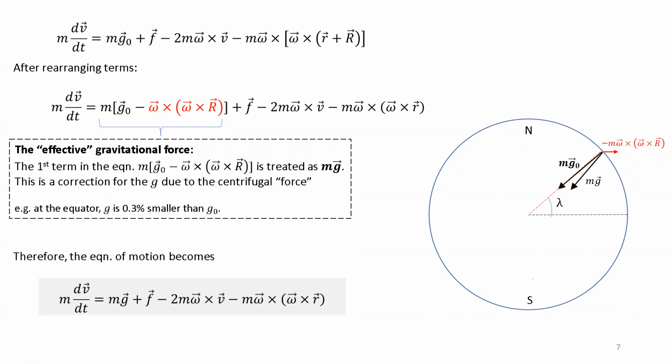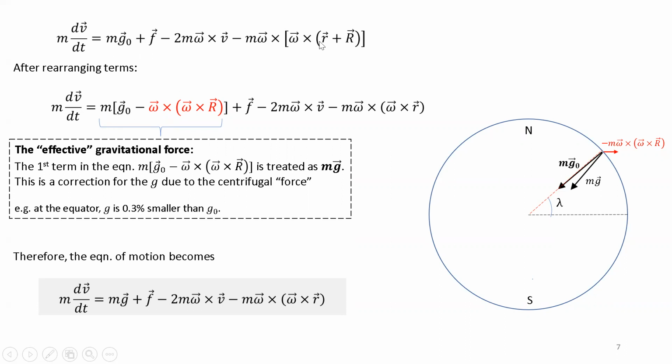So now, from this equation, what I am going to do next is rearrange one of the terms. This m omega cross capital R term, I would like to move up front and put it with the mg naught.